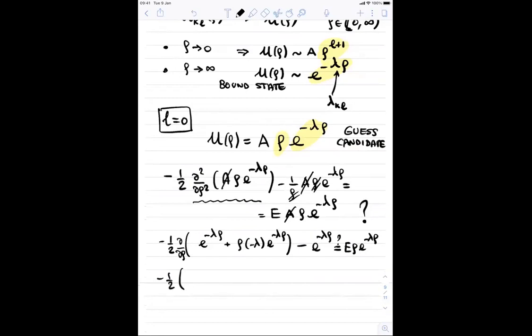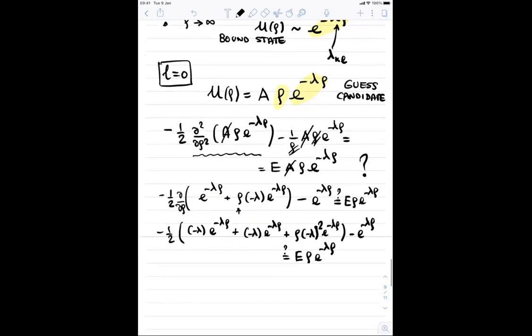I get a factor minus lambda coming, e to the minus lambda rho, plus I do the derivative of the rho here, and so I get minus lambda e to the minus lambda rho, plus I do an extra derivative and I get rho lambda squared e to the minus lambda rho. Then I have minus e to the minus lambda rho, and this should be equal, question mark, to E rho e to the minus lambda rho.